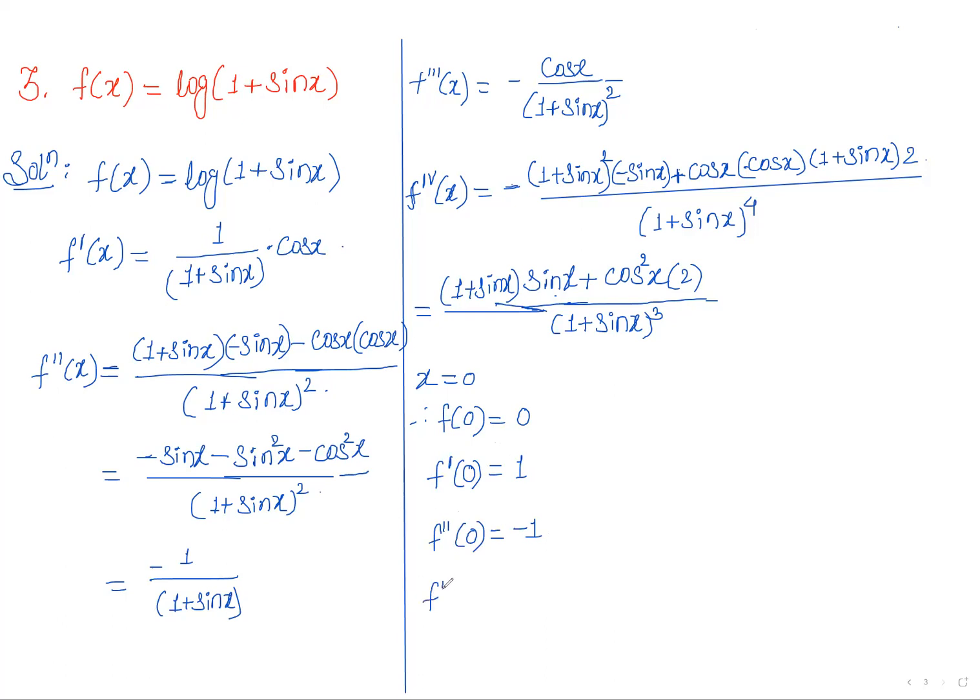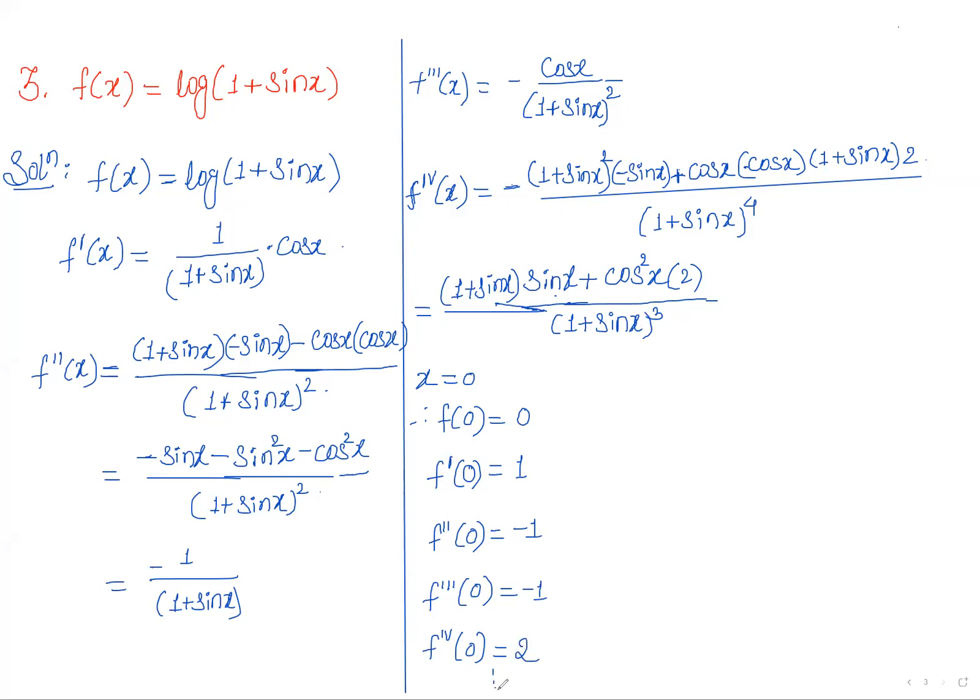Third derivative is minus 1. Then the fourth derivative: 2 into cos square 0, that is 2, divided by 1 plus 0. So it is 2 only.